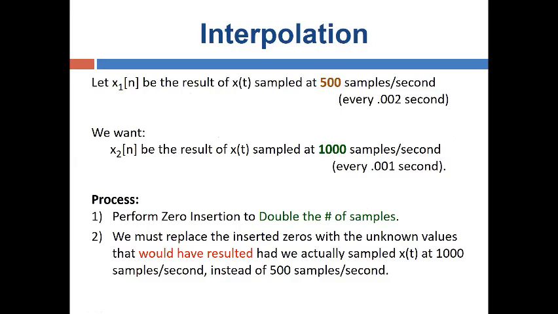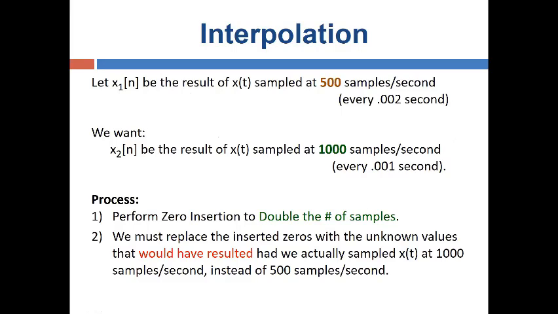So let's take an example. If I had a signal x1 of n that was some x of t sampled at 500 hertz, and I want to upsample that to make it the same signal, but with a sampling rate of 1 kilohertz, 1,000 samples per second. First, we would put in the zeros, one in between each existing sample, which would double the number of samples.